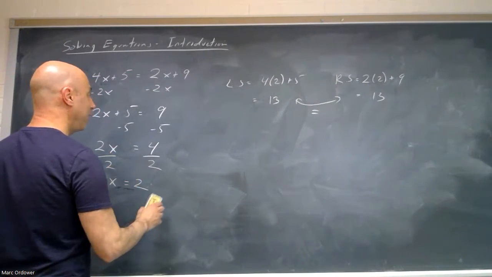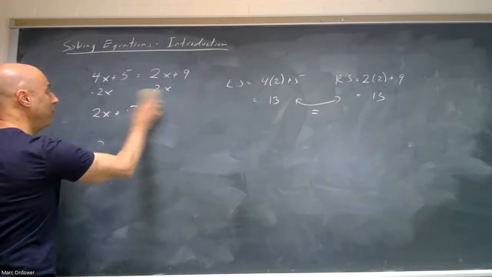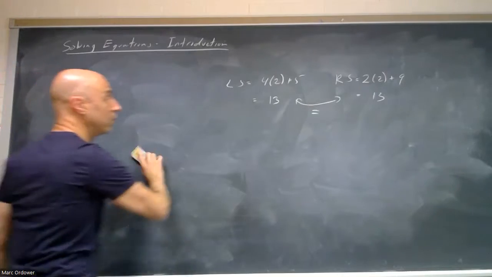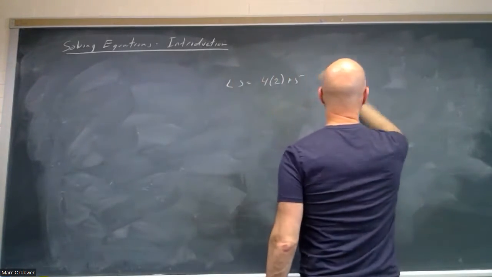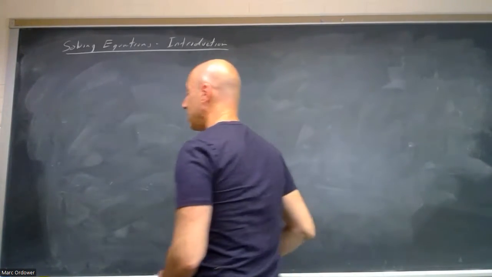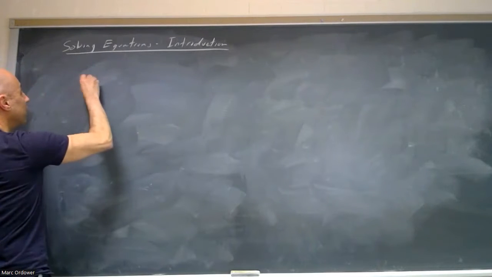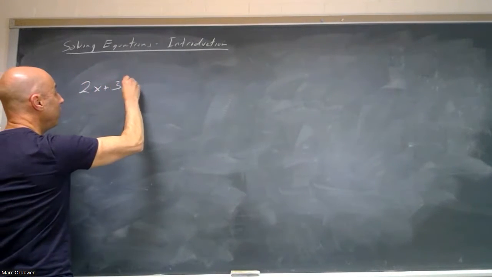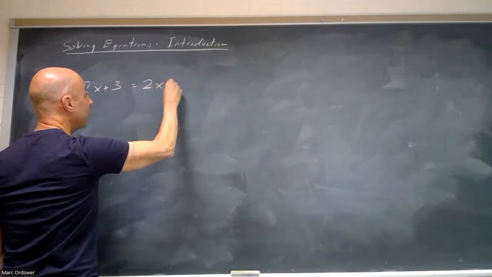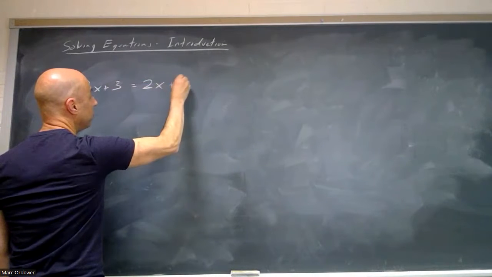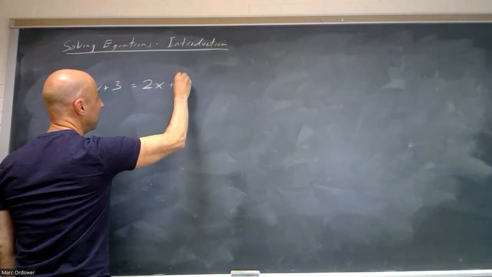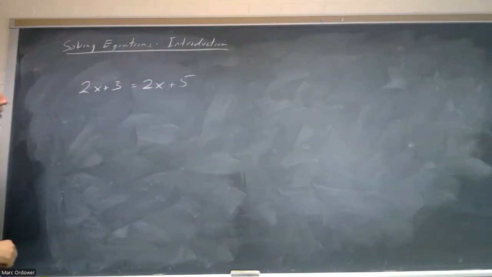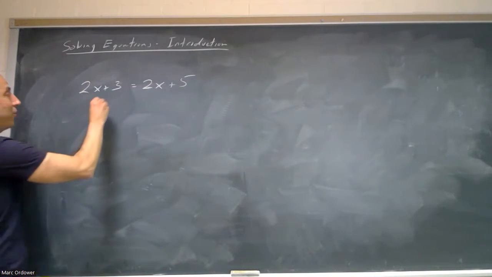Let's just take a look at another equation, also very simple. How about I have something like 2x plus 3 equals 2x plus, I don't know, 5. So let me go ahead and subtract 3 from both sides.